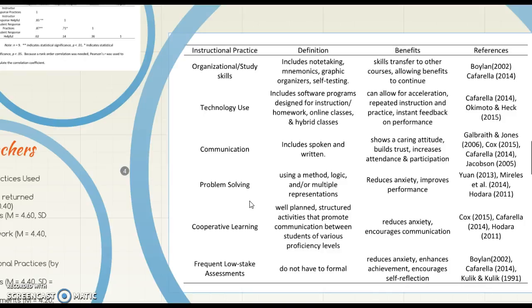So you can see there's organizational and study skills, technology use, communication, problem solving, cooperative learning, and frequent low-stake assessments. In the second column is a brief definition of each of those practices, the third column is the benefits received from those practices, and the last column is the references for each of those practices.